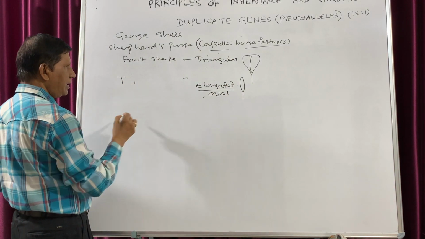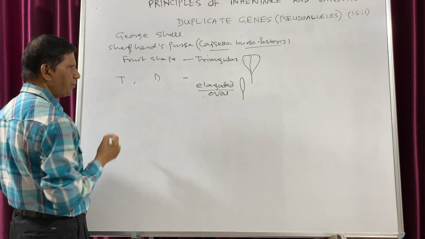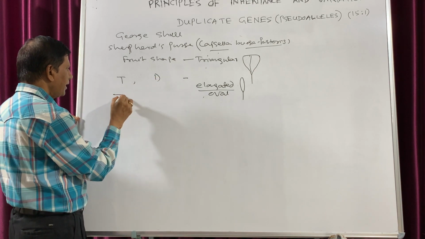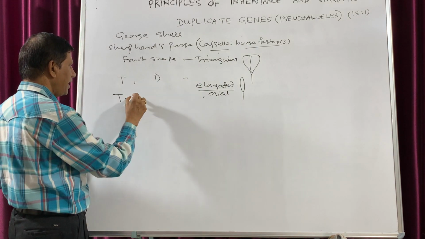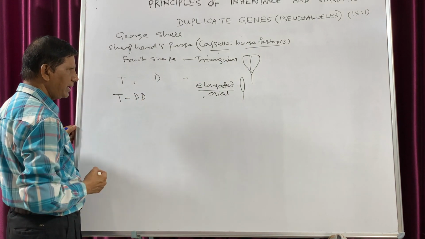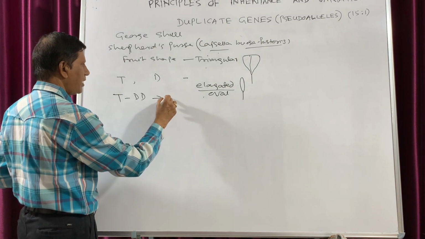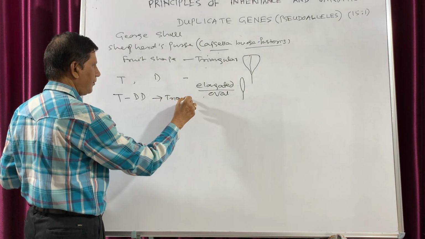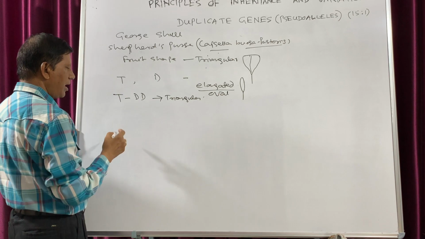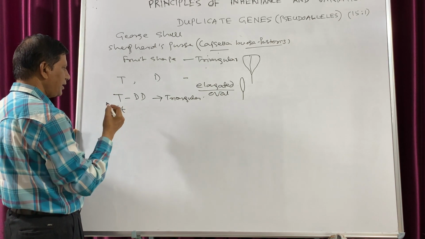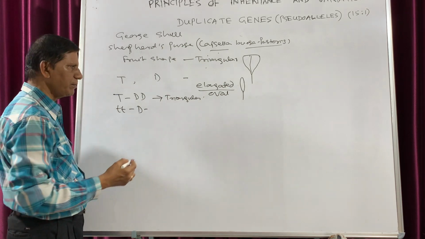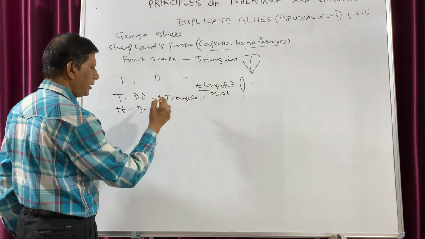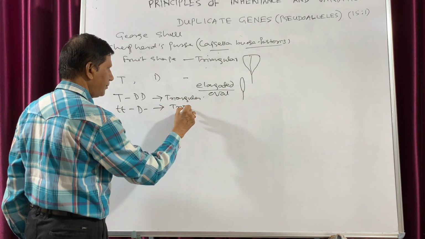One is T and the other is D. That means when capital T, the other may be capital T or small t, and both these are D, it will give rise to triangular. And when both are small t, and the other one is capital D or small d, then also it will give rise to triangular.